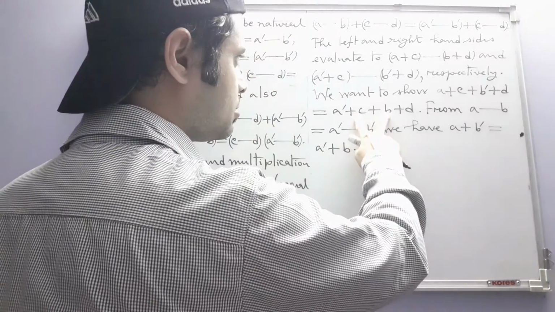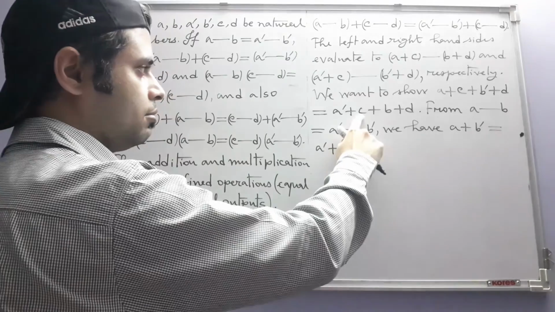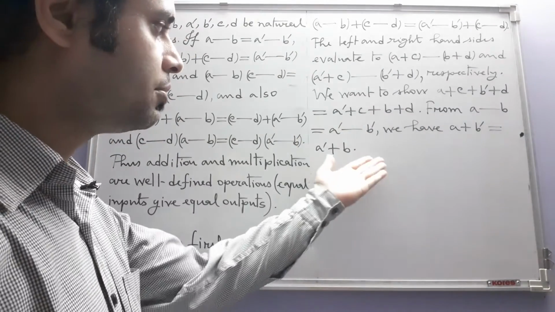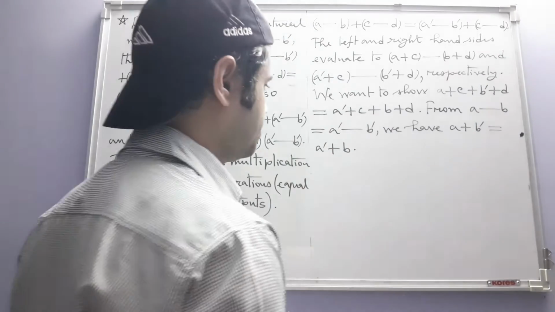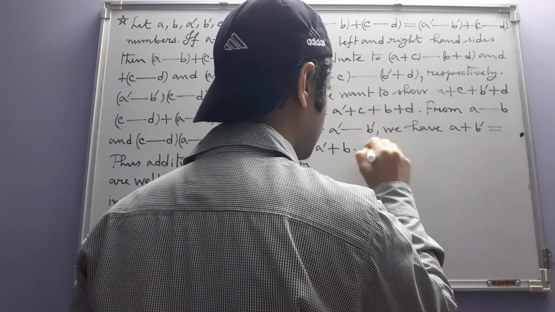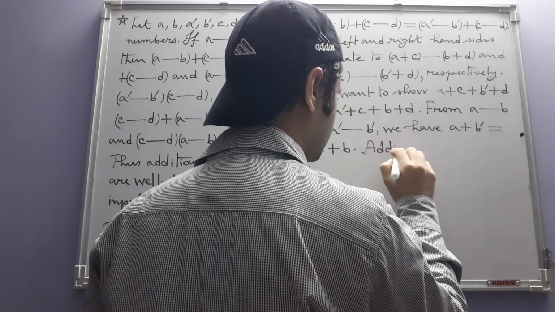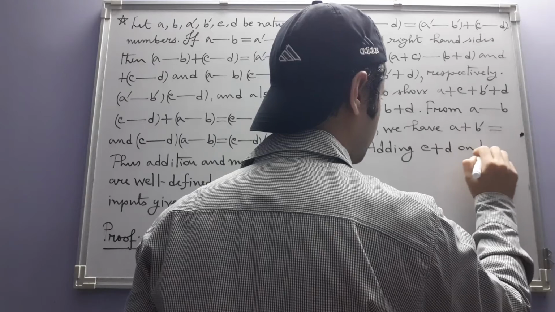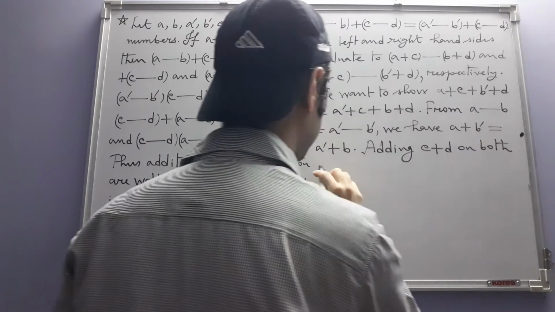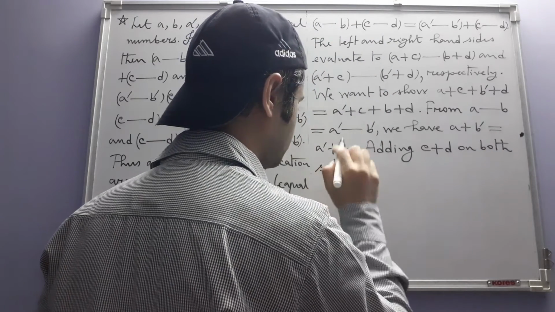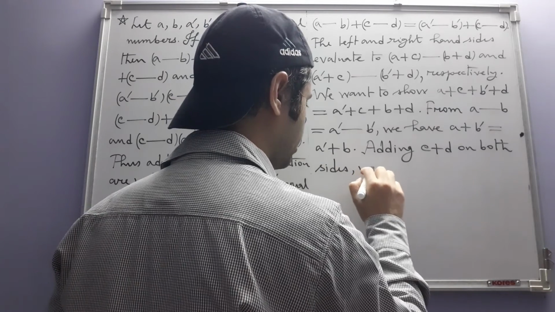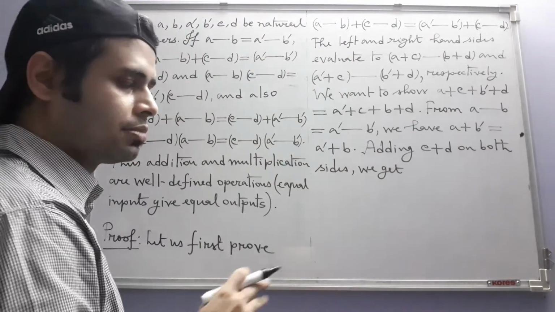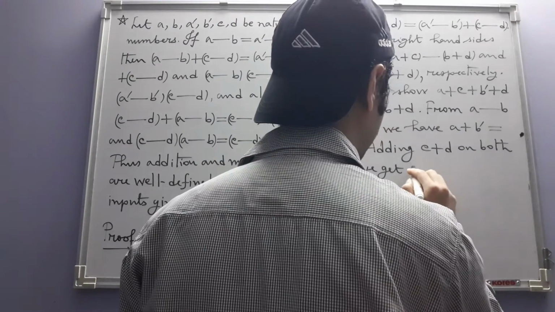We want this and we want this. So the extra terms we need are c and d. So we add c plus d on both sides, and we can write the terms in a rearranged manner.